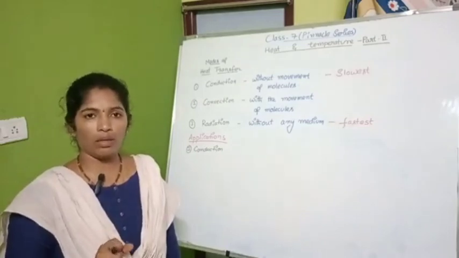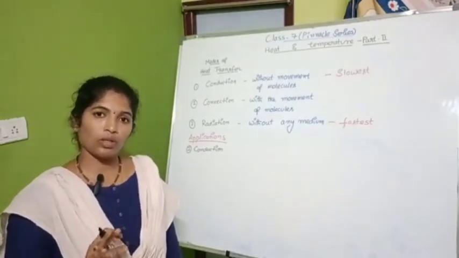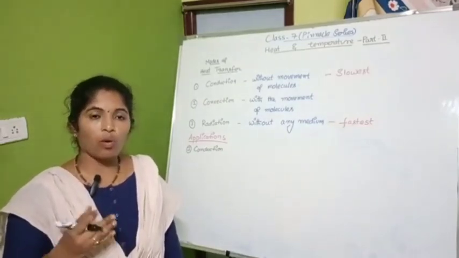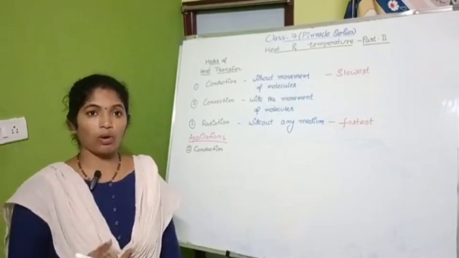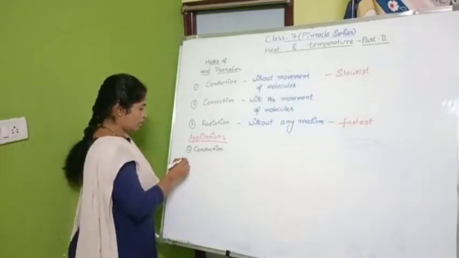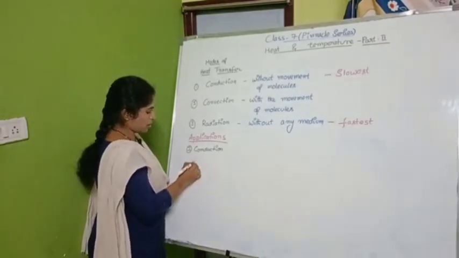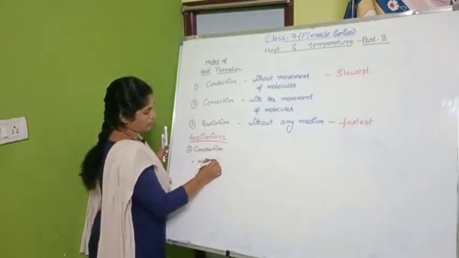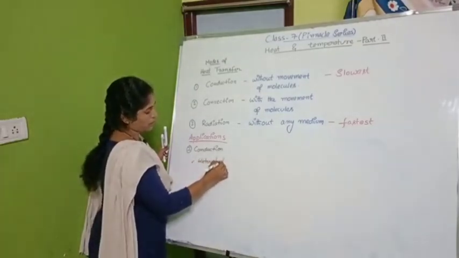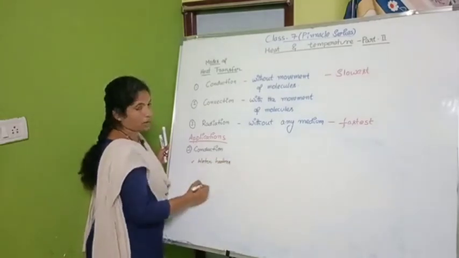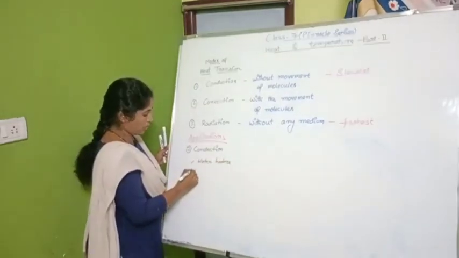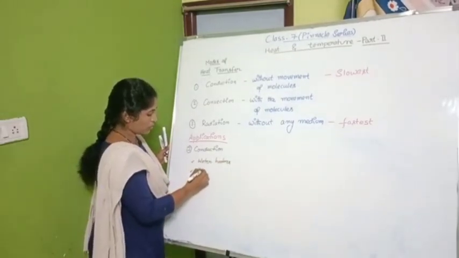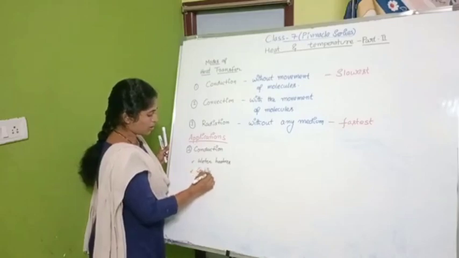Daily you will take the bath. Yes. So the heater, how water will be heated? By the direct contact. The conduction is used in water heaters. Next, cooking. For cooking food, which mode of transfer of heat energy is happening?